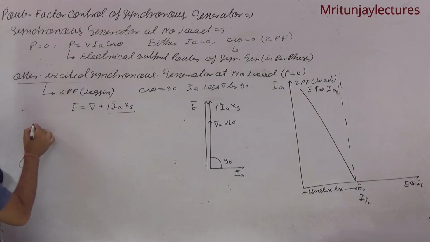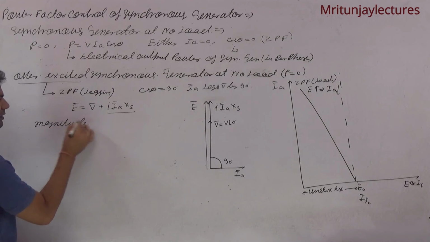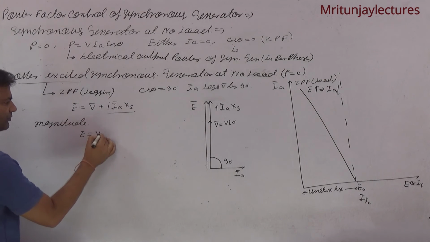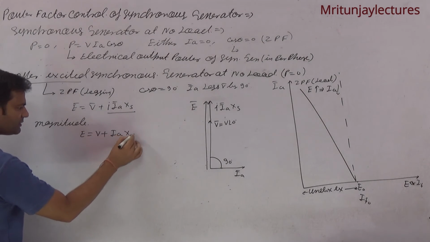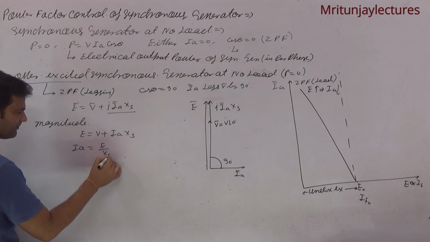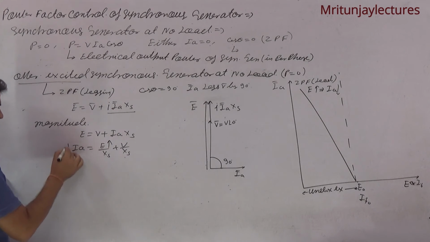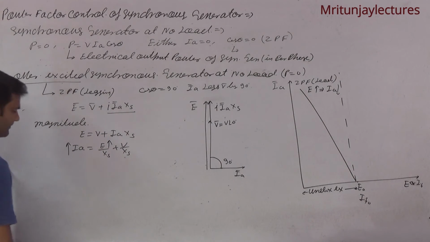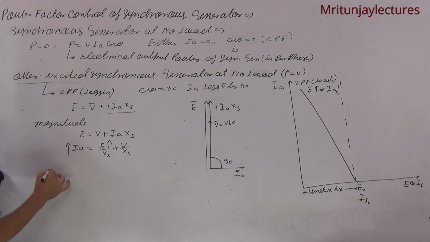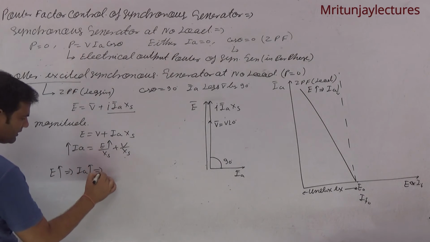In magnitude, E is equal to V plus IA into XS. So IA is written as E by XS minus V by XS. If E increases, then what about IA? IA also increases linearly. E increases, IA increases linearly.